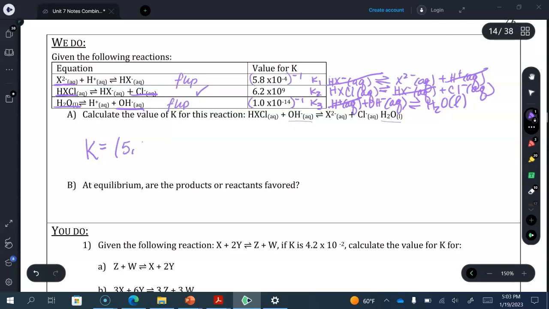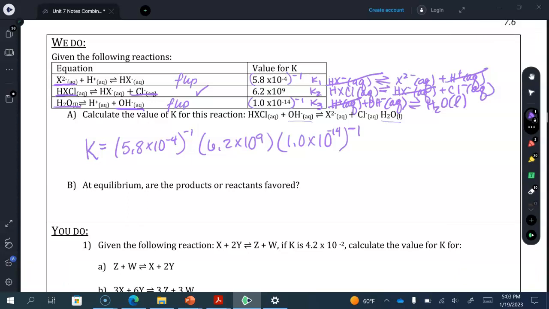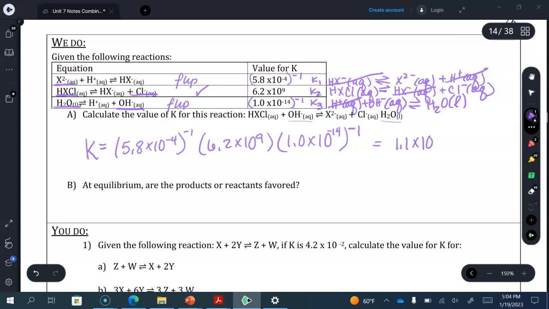So 5.8 times 10 to the negative 4 to the negative 1 power, because I flipped the reaction, times 6.2 times 10 to the 9, and we leave that one alone because we did not flip it or manipulate it, times 1.0 times 10 to the negative 14 power to the negative first, because we flipped that reaction. And when we finish solving, we see that we get 1.1 times 10 to the 27th power.